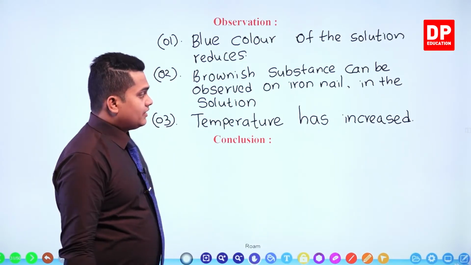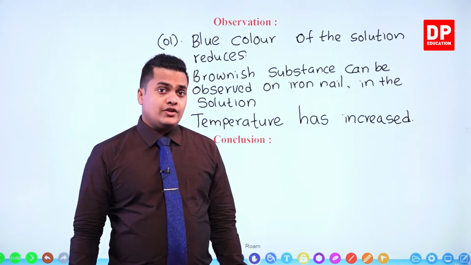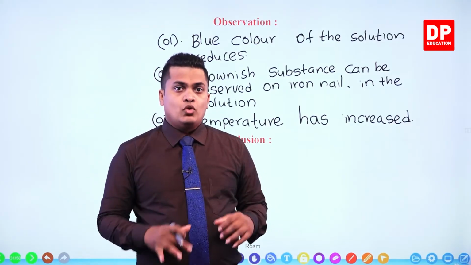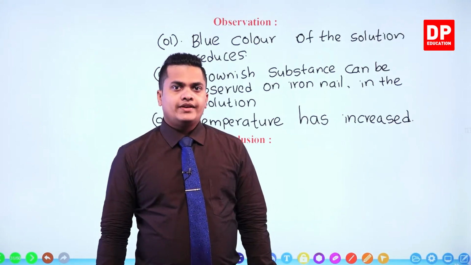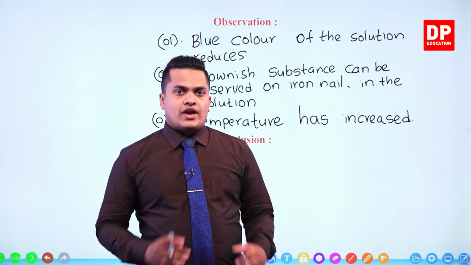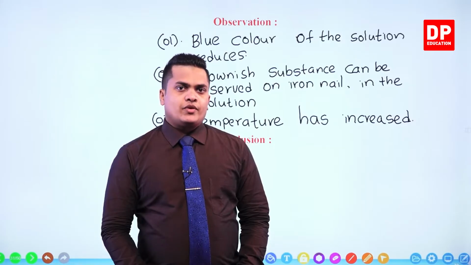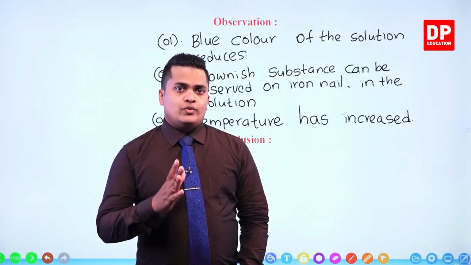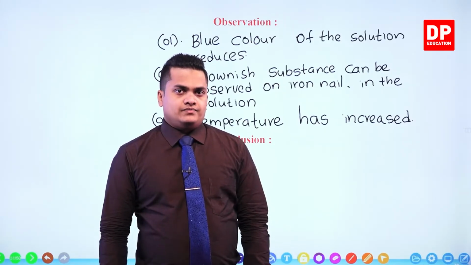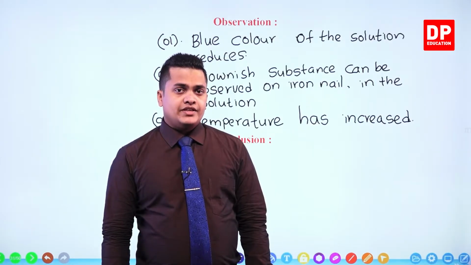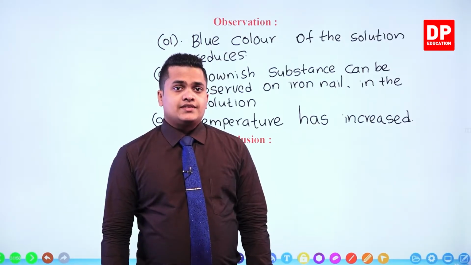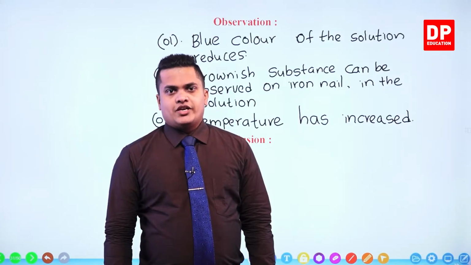Then in the third one, if the temperature is going to rise or fall, both are correct, right? If the temperature is going to change, in that situation also we can say that the change in temperature is a result of a chemical change.